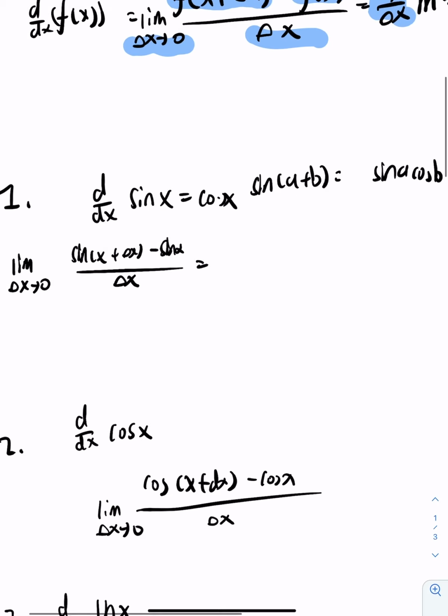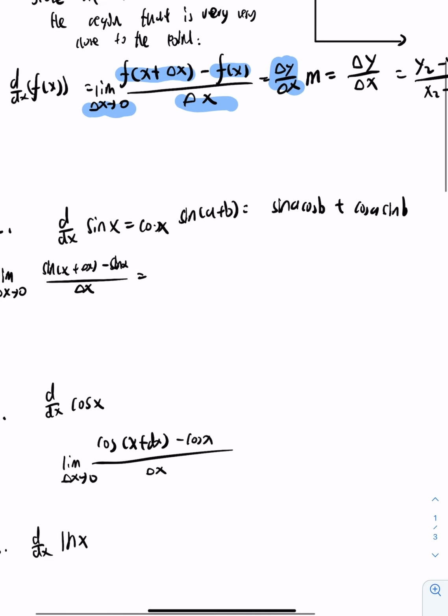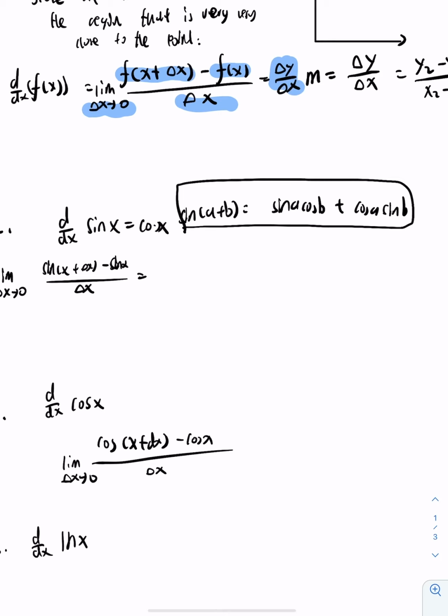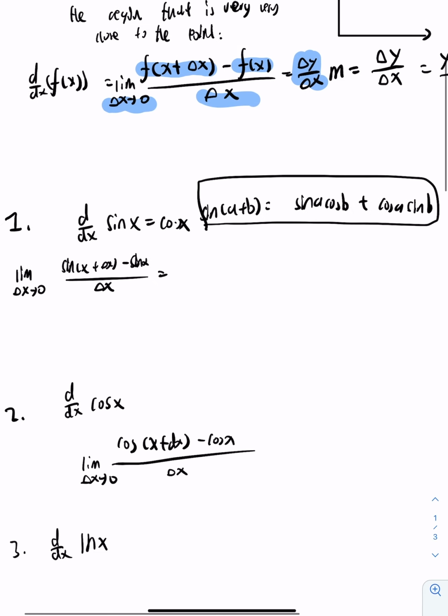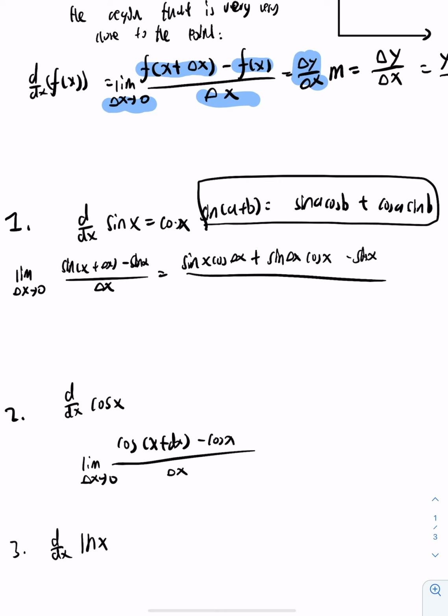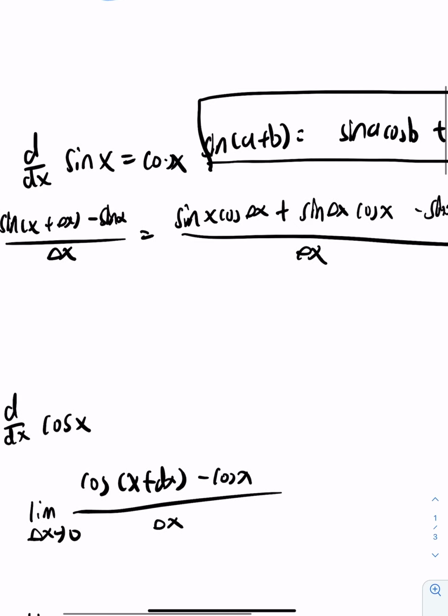And we know that there's a trigonometry formula. So in this case, it is equal to sine x cosine delta x plus sine delta x cosine x minus sine x, divided by delta x. We know that as delta x approaches 0, cosine delta x is basically approaching cosine 0, which is equal to 1.